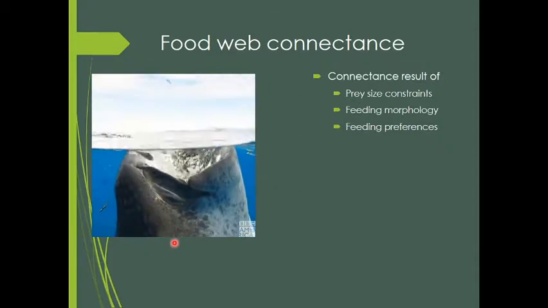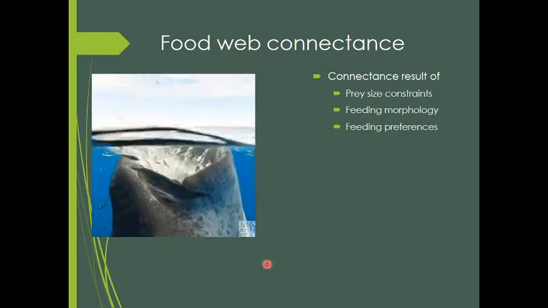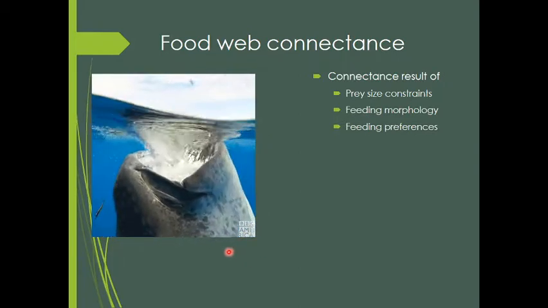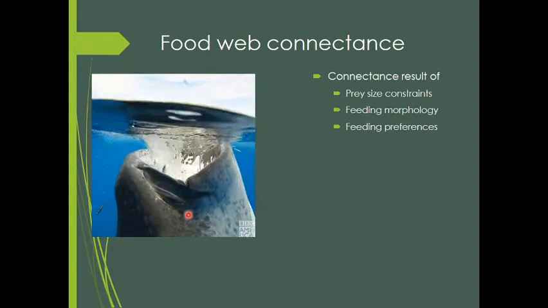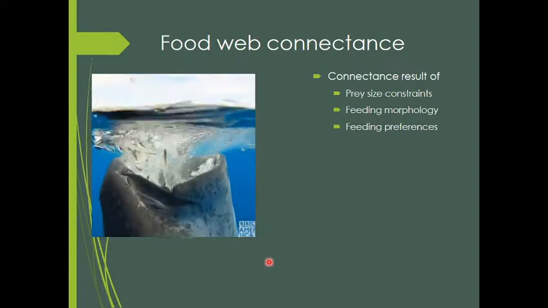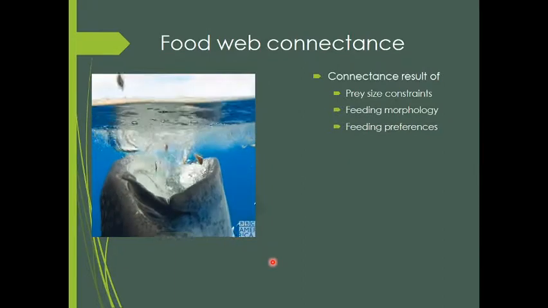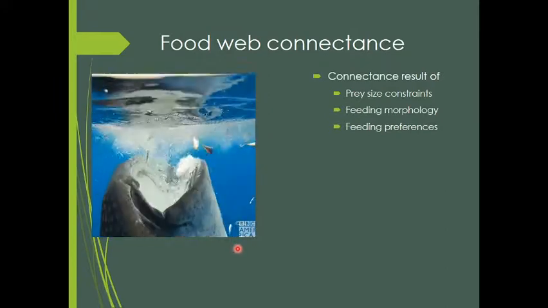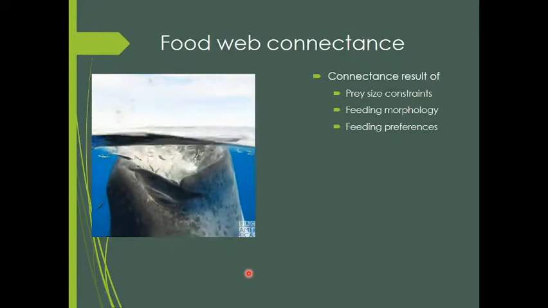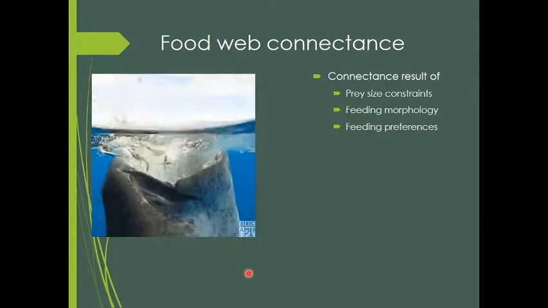It's eating a bunch of tiny little fishes, and whale sharks are really great at eating small things, but they can't eat everything, right? Even though they themselves are quite large animals, the biggest fish in the world, they're not going to be able to eat anything. The size of their throat is about as big as your fist. So they can't eat very big things.